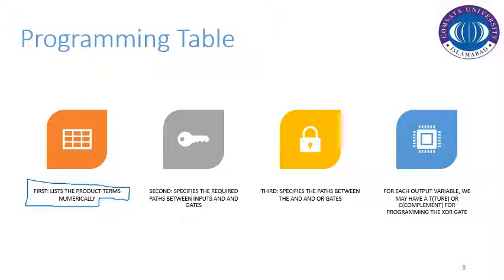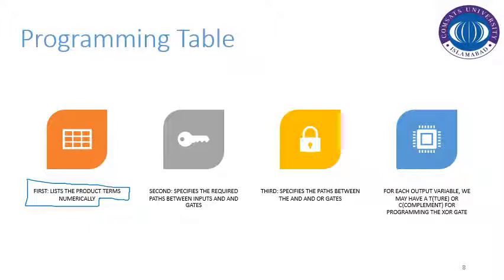The third important part is that it specifies the path between the AND and OR gates. Basically, how many paths are required between the AND and OR gates. For example, the programmable structure of the OR gate, how many interconnections are required for the OR gate.